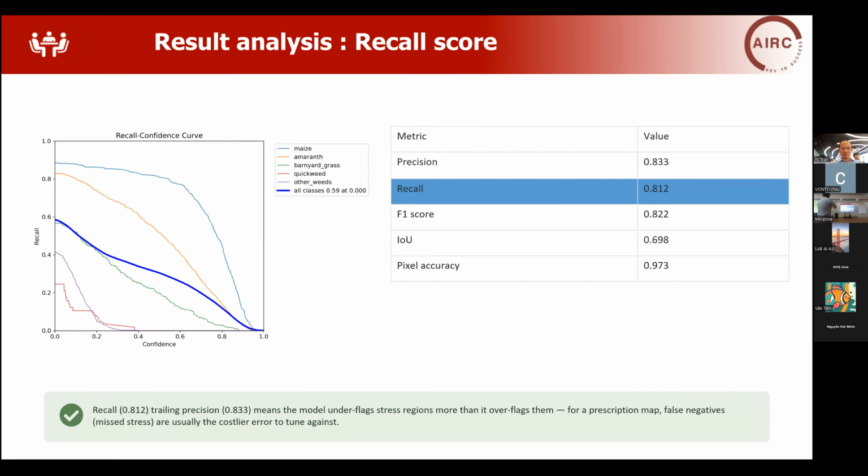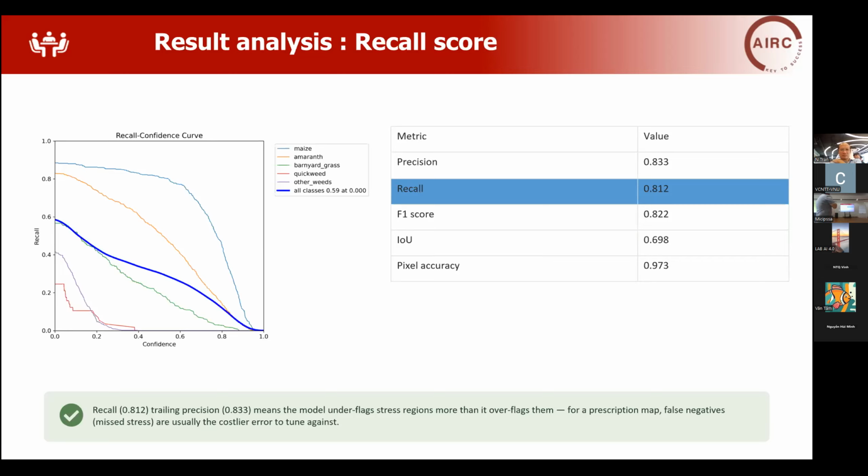Okay, so here is the recall confidence score and how to improve it. We can see there are many metrics: precision, recall, intersection over union, and pixel accuracy.